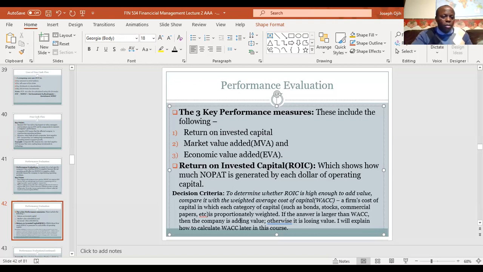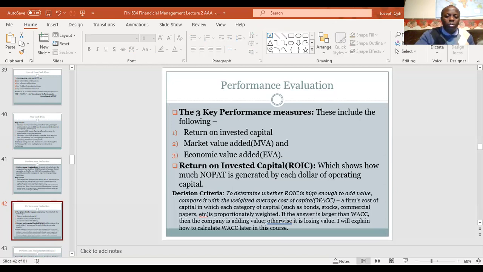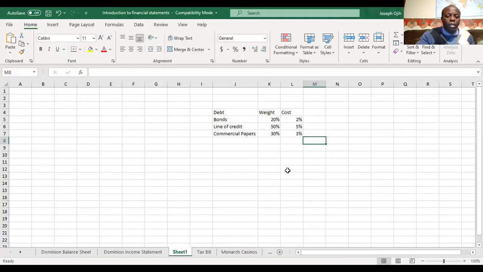Okay. Now remember, we are using the financial statements that belong to this company, Dominion Plastic Incorporated. The balance sheet is right here.